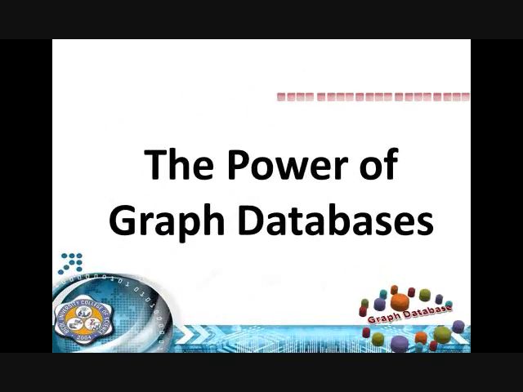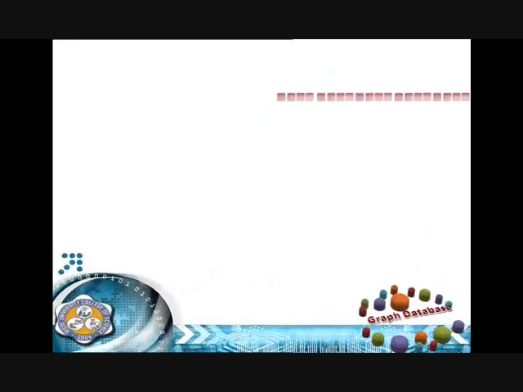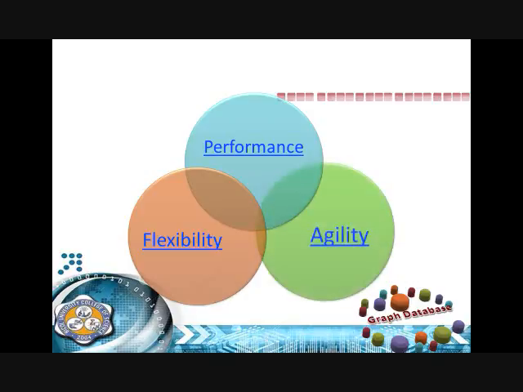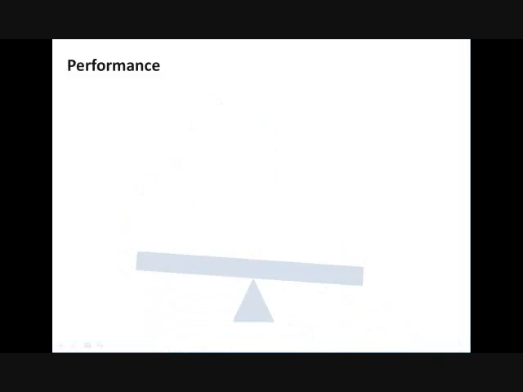Moving on to the next slide, we have the power of graph databases. We have identified three: performance, flexibility, and agility. In performance, one compelling reason for choosing a graph database is the sheer performance increase when dealing with connected data versus relational databases.